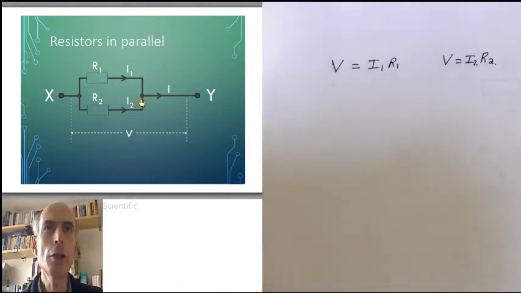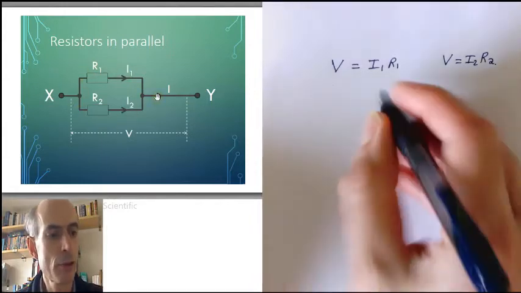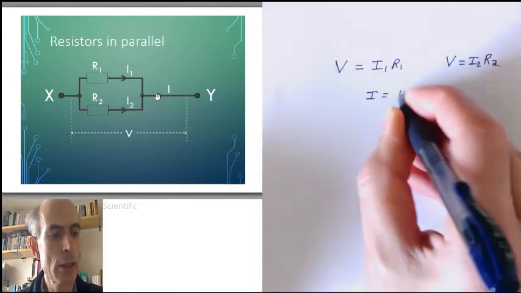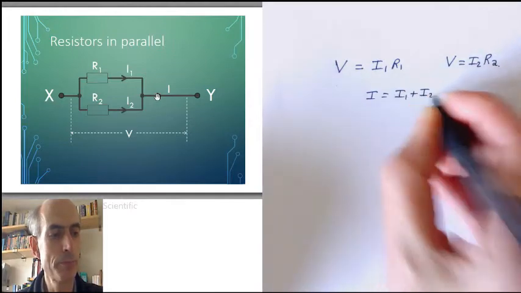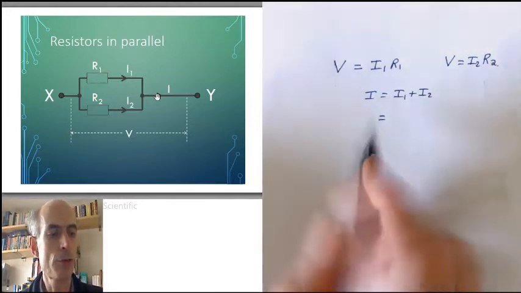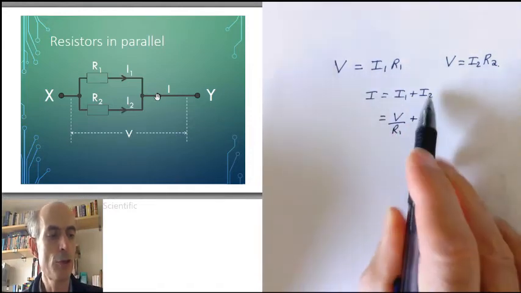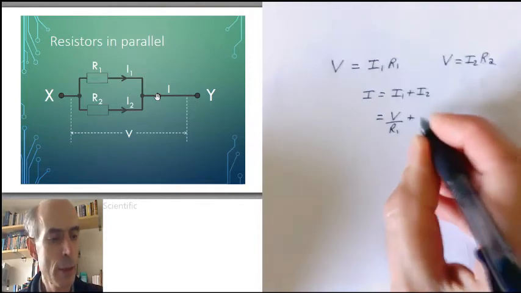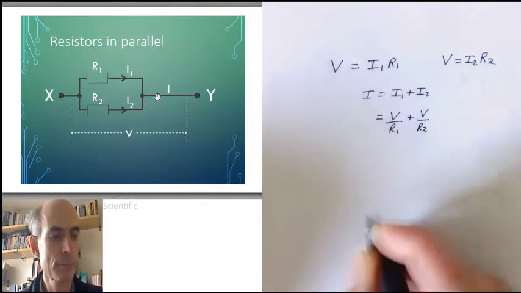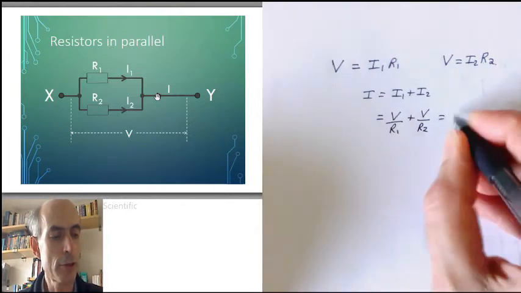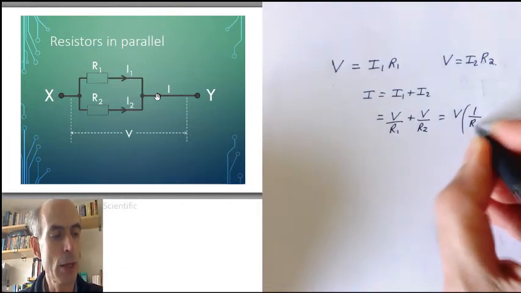Now, applying Kirchhoff's current law to this node in the circuit here, we can see that I1 plus I2 must equal I, the total current flowing out of this network. So we have the total current I equals I1 plus I2. So I is, substitute in from here, V over R1, plus I2, substitute in from here, V over R2. Extract the factor of V out of both of those, and we end up with this.